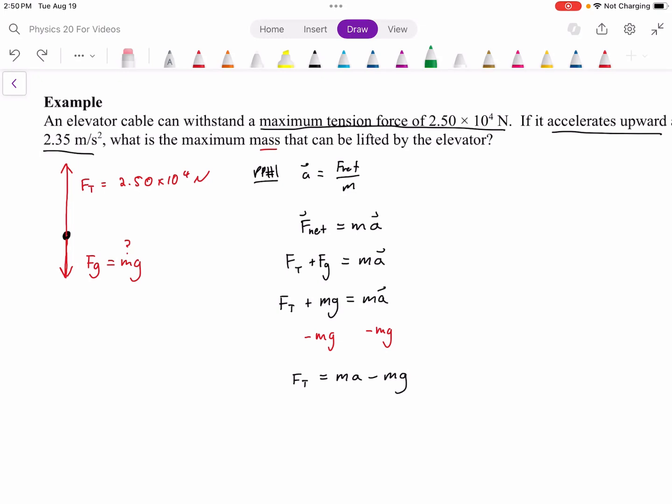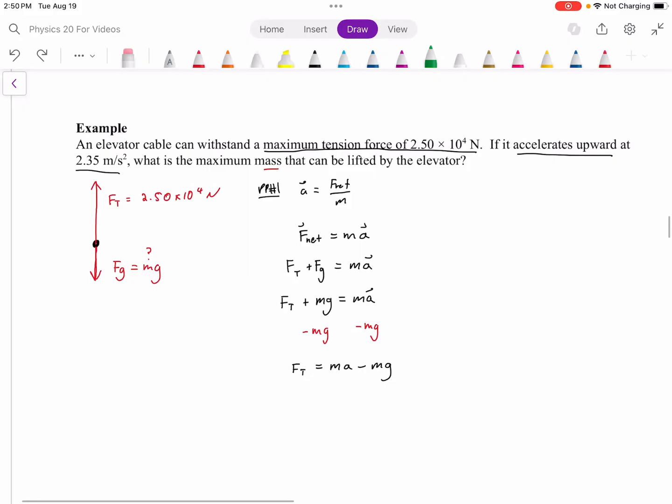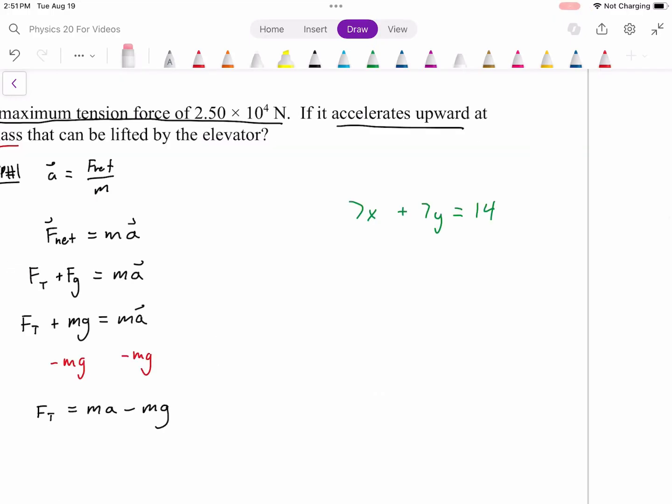Now, to do this, we're going to need to remind ourselves of a skill from math class. Notice this mass and this mass are the same thing. It's just the mass of the elevator. So these are the same number. Now, if we were in math, and you had something like this, you would be okay with, or at least at one time you were okay with, pulling out the 7 as a common factor.